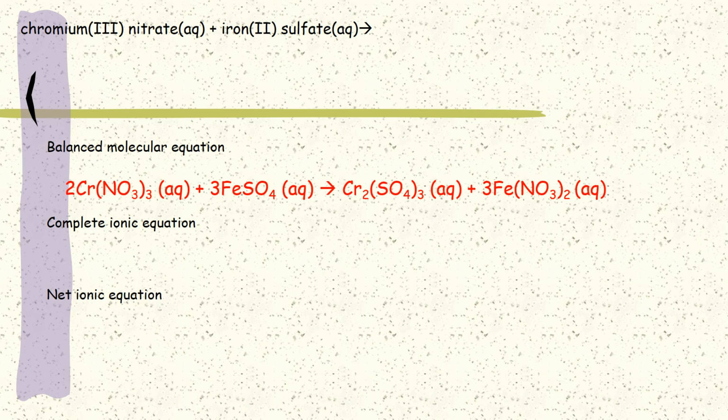And then 3 iron 2 nitrates. And again, nitrate is always soluble, so we get all aqueous.